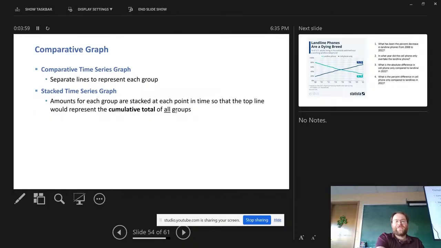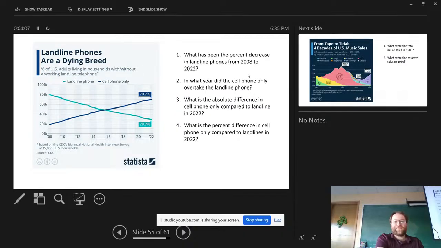The top line represents the total cumulative of all groups when doing this with time series. So prime example here, if landline phones are a dying breed, so this is a stacked time series graph. But the idea is that we can do some different things with this data.